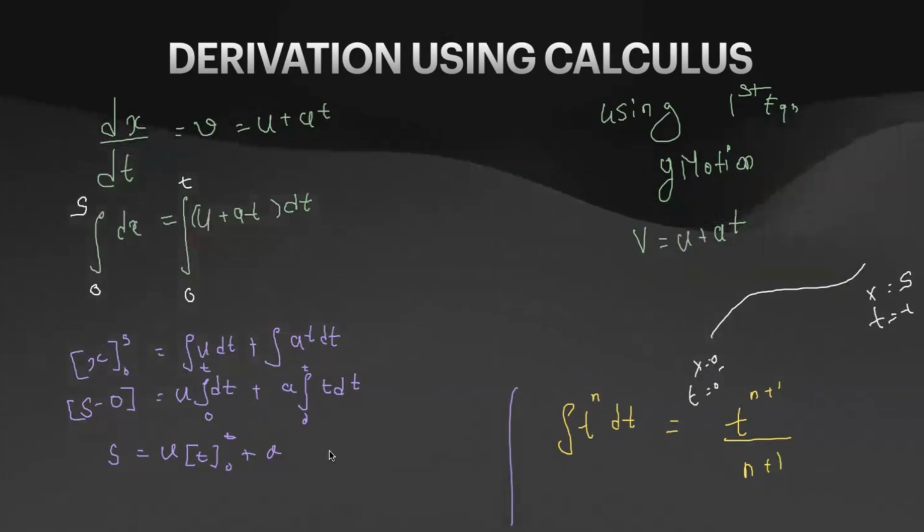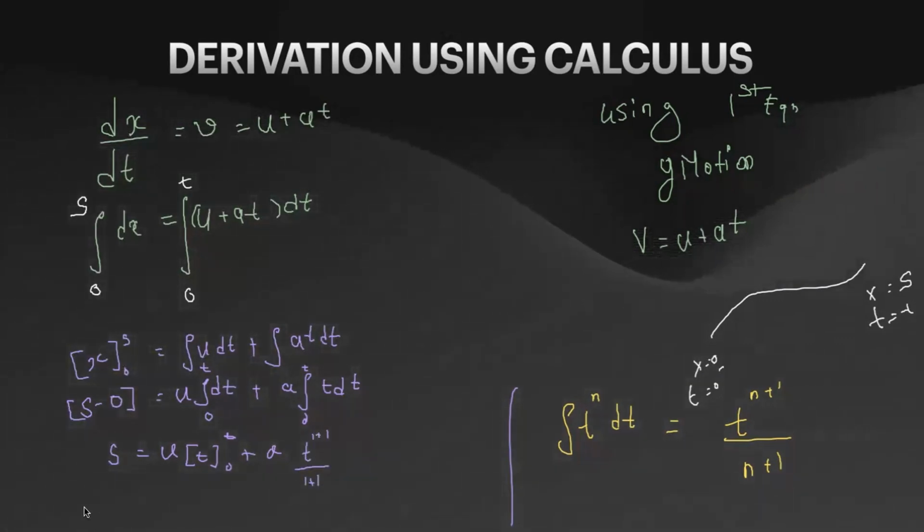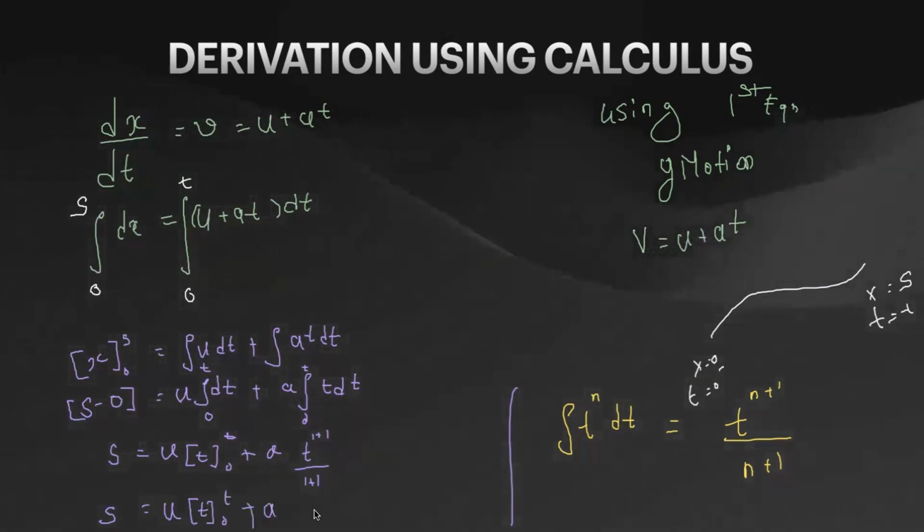Now put that over here. t to the power 1 plus 1 by 1 plus 1. So s is equal to u t from 0 to t plus a into t square by 2 from 0 to t.